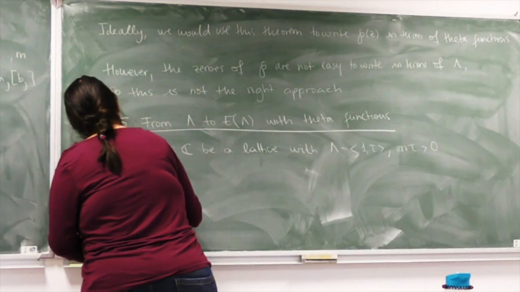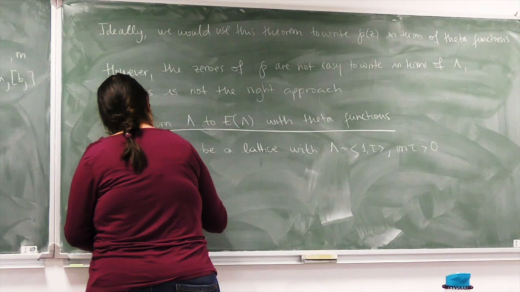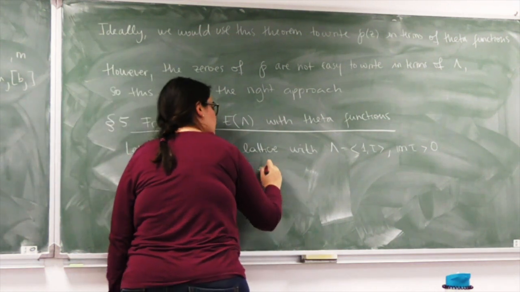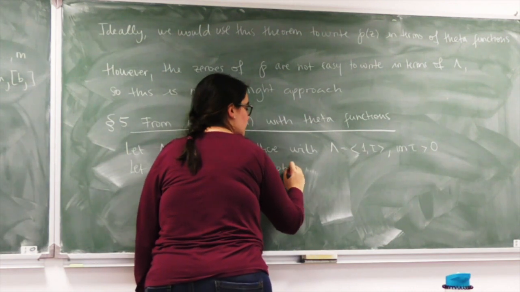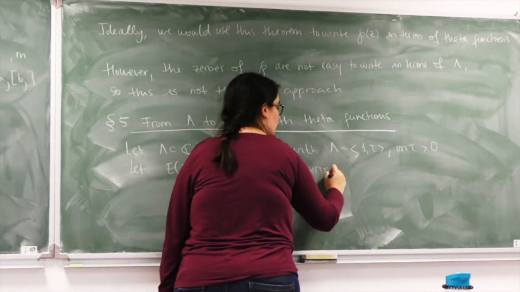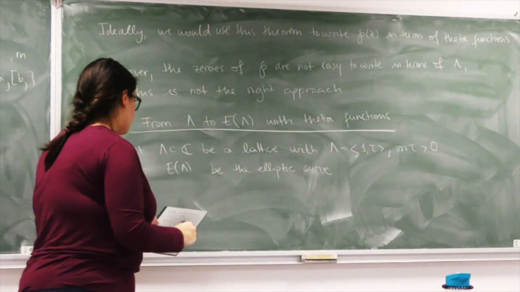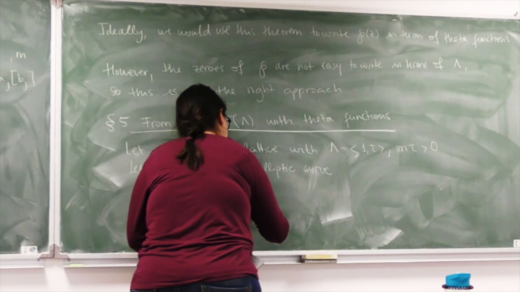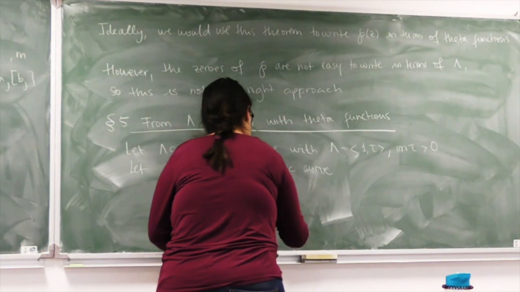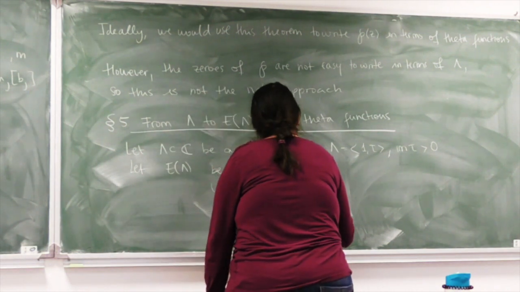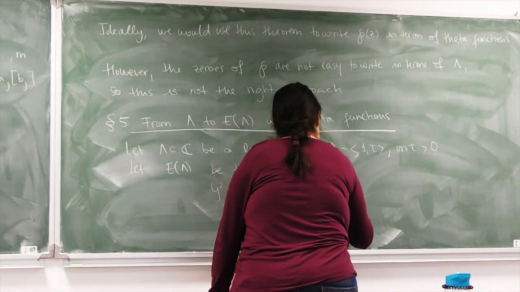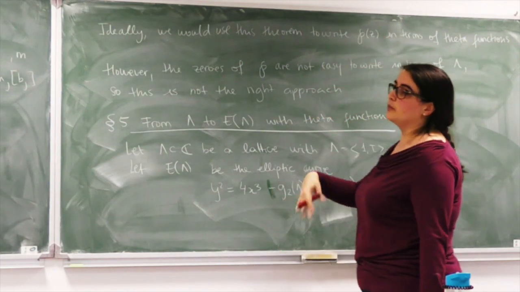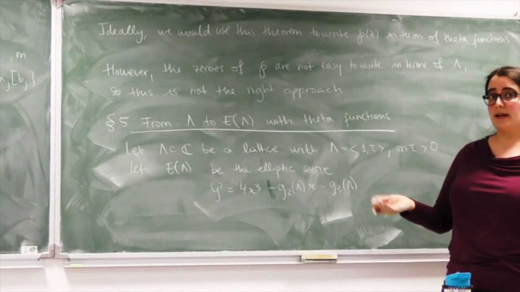Let E of lambda be the elliptic curve. And here we take y squared equal 4x cubed minus g2 of lambda x minus g3 of lambda. So recall this is the definition that we obtained from the relation satisfied by the Weierstrass function.